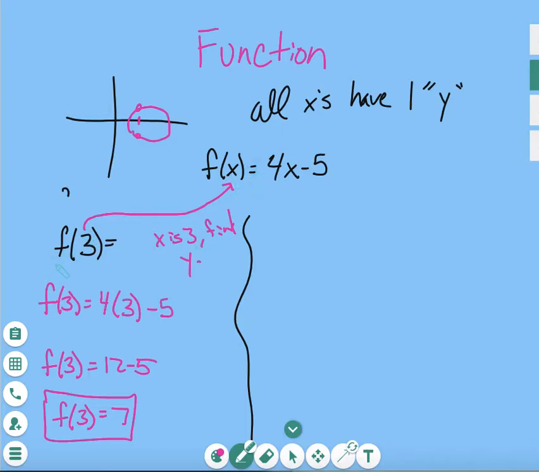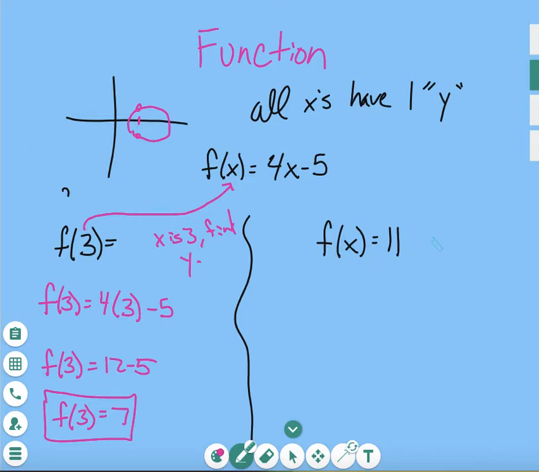The way it will always be set up for those is that the number they're giving you will be inside the parentheses. The other type of evaluating, which some people prefer to call solving, it doesn't really matter what you call it, you have to do it anyways. That would be set up something like this. Notice where the number is this time. It is no longer inside the parentheses like the first set. This time it's set equal to f of x.